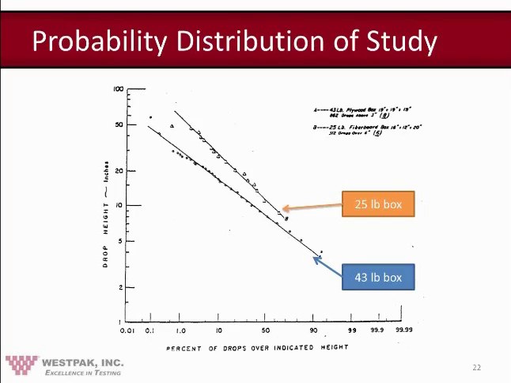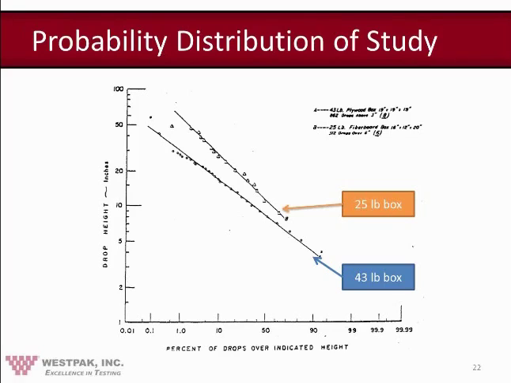So you have different slopes for these different weighted boxes. So this FPL-22 data was very significant, and it summarized this data. And what it told us was that a vast number of impacts occurred at lower drop heights, and that very few occurred at higher drop heights above the indicated level.